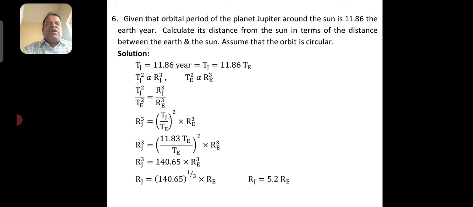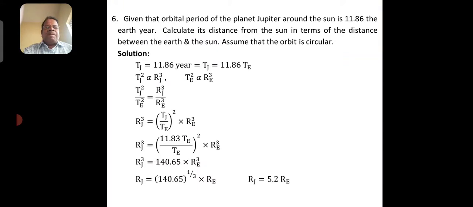Therefore, Tj square by Te square, that is period of Jupiter divided by period of Earth, equals Rj cube by Re cube. Therefore, Rj cube equals (Tj by Te) whole square into Re cube. In place of Tj, you substitute 11.86 times the period of the Earth, Te. Then write Re cube as it is.